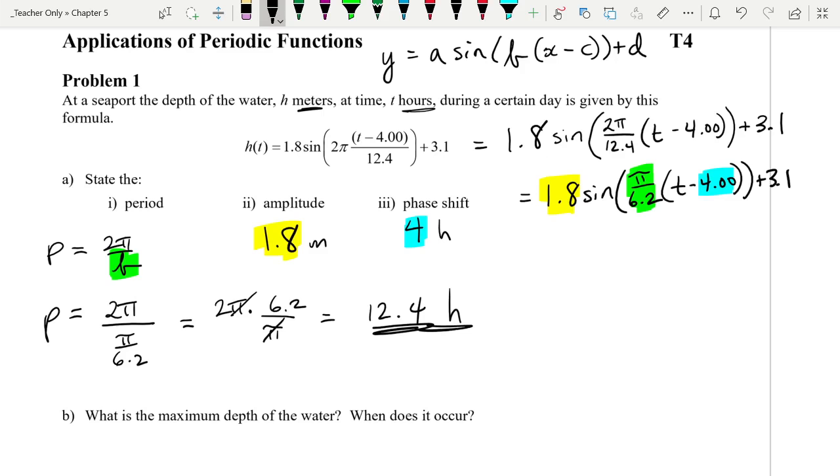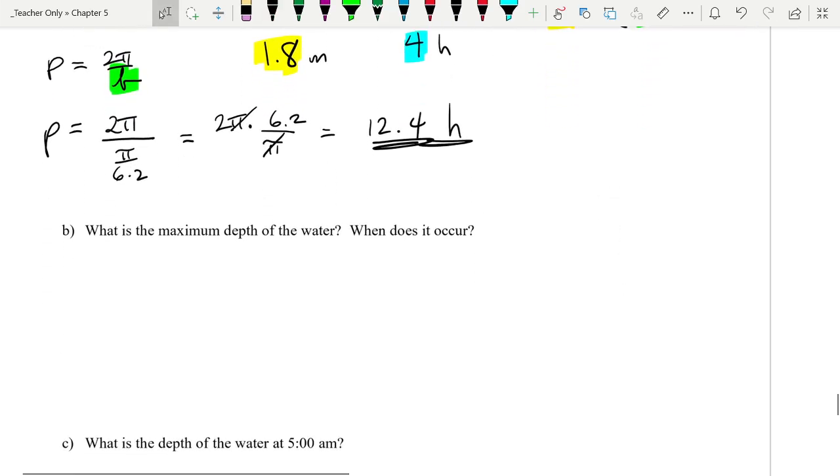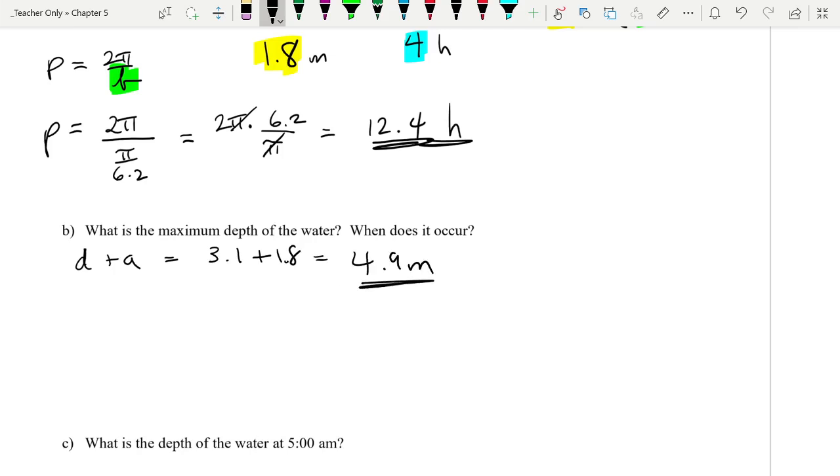All right, let's do some algebra with this lovely equation now. What is the maximum depth of the water and when does it occur? Okay, maximum depth would be my D value plus my A value, which is 3.1 plus 1.8, which is 4.9 meters. That would be my maximum.